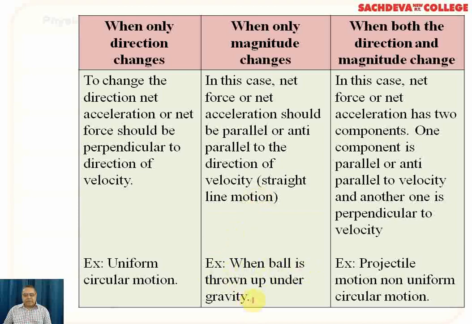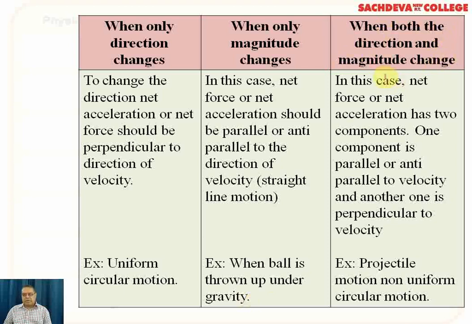When the ball is going up, its velocity will go on decreasing, and at the highest point it will become zero. Similarly, when the body is coming down, its velocity is going on increasing, and finally when it touches the ground, it must have some final velocity. So when only magnitude changes, there will be variation in acceleration.